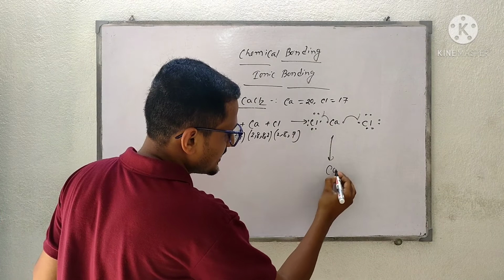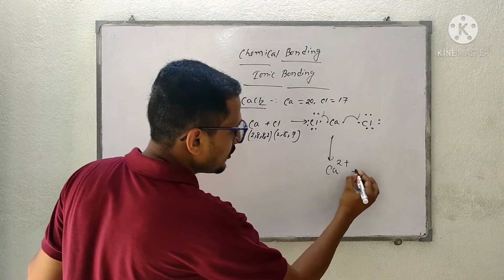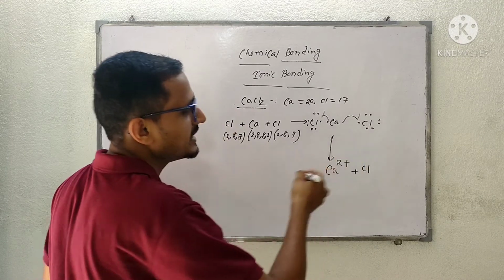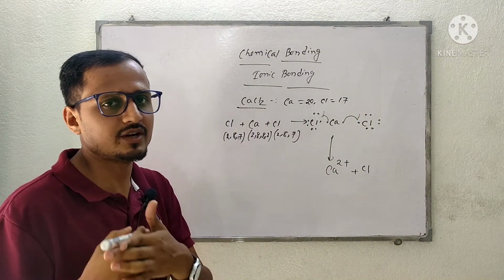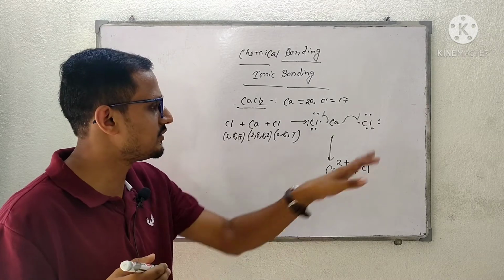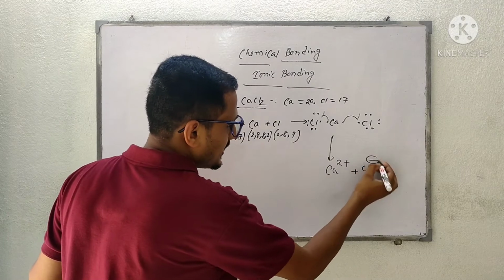Calcium is transferring 2 electrons, so it becomes calcium 2 plus. Each chlorine gets 1 electron, and electron gain means it becomes a negatively charged ion. Understood? That means it is forming a chloride ion.